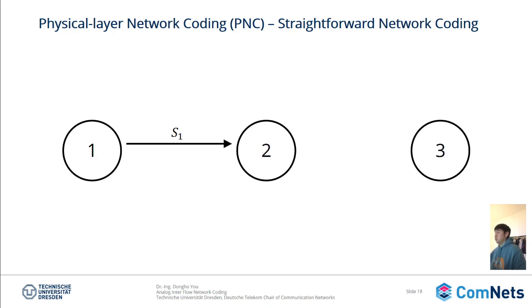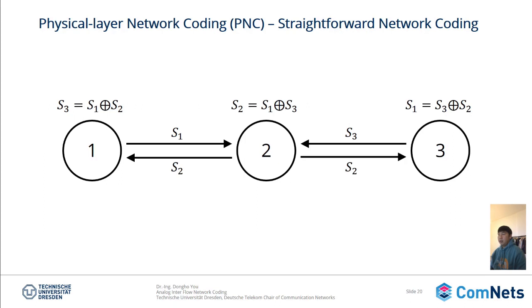Okay, next, let's see the straightforward network coding. Similarly, in the first time slot, node 1 transmits its own data to node 2. And in the second time slot, node 3 also transmits its own data to node 2. Then node 2 encodes the received data using the exclusive OR here and broadcasts the encoded data, S2.